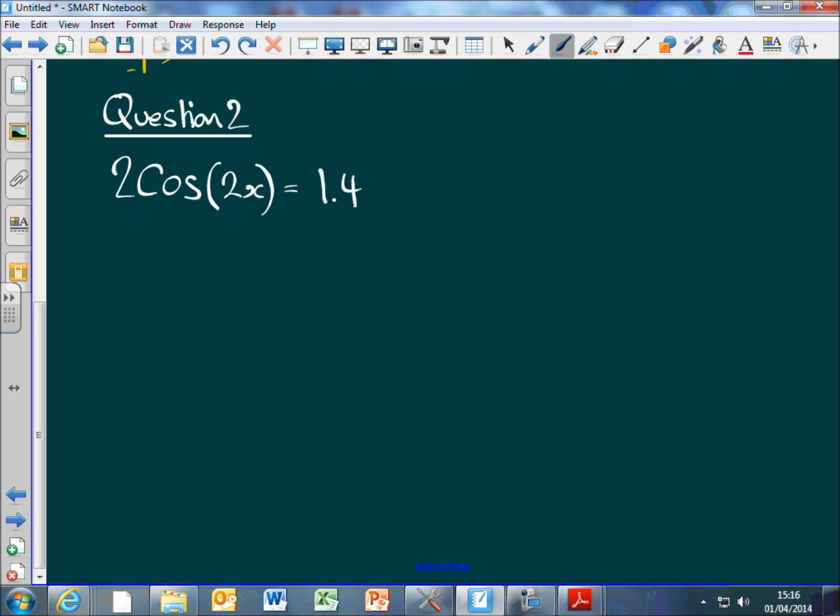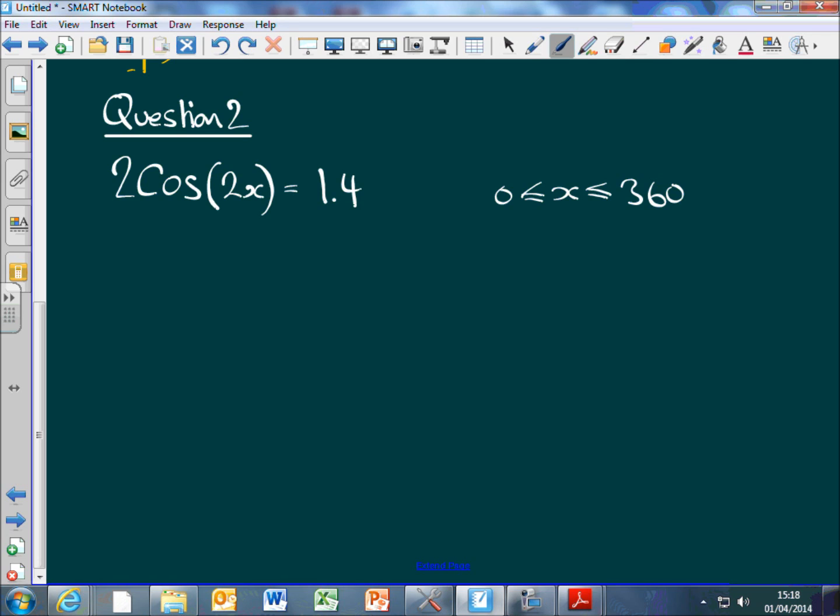Right. How do I go about solving this one, first of all? Anybody? We're just going to try and solve this. So I want to know the values of x again, and this time x is going to be between 0 and, using degrees this time, 360. Right, who can remember how to solve this sort of question?